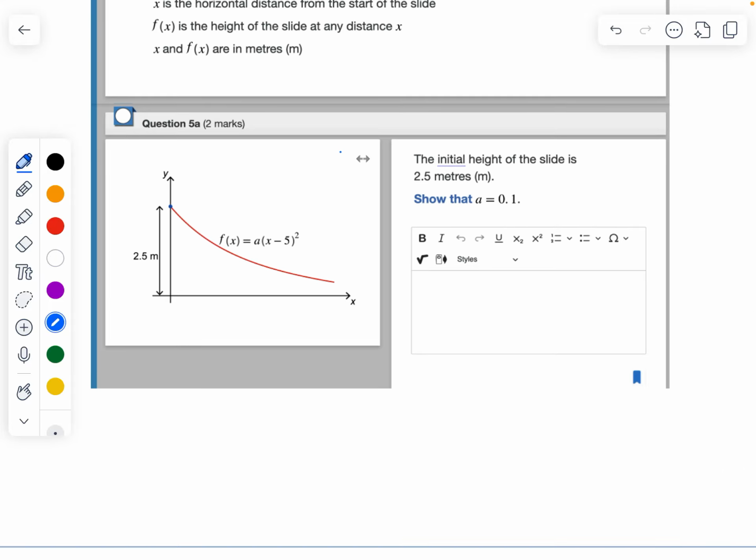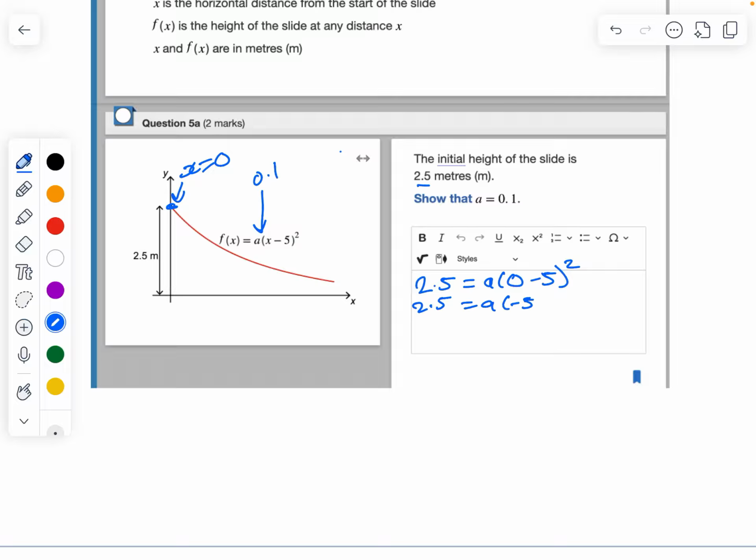The first question wants us to show that a in this function is 0.1. How can we do that? Well, because we know the initial height is 2.5, we know that this function has to equal 2.5, and we know that x at this point is 0. So we can also put 0 into the function, and that's enough information to solve what a is.